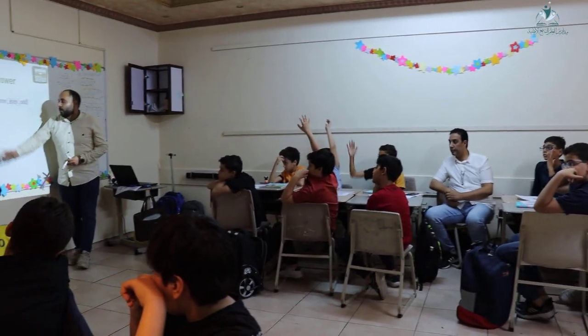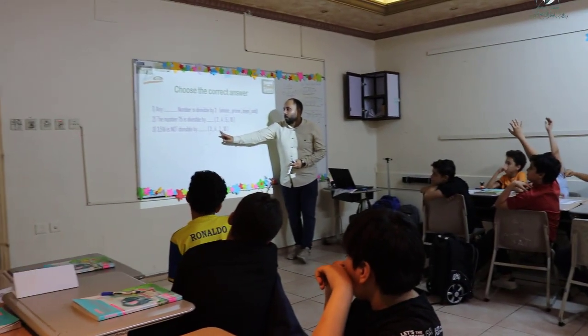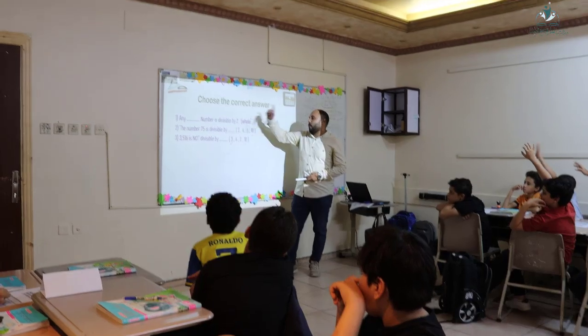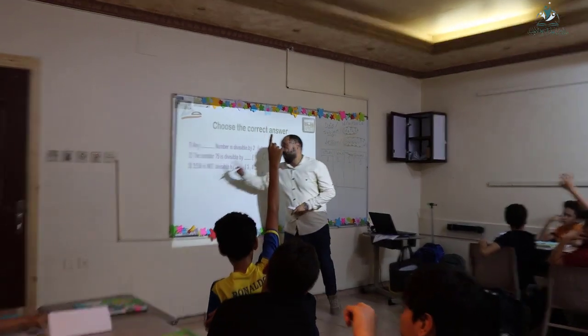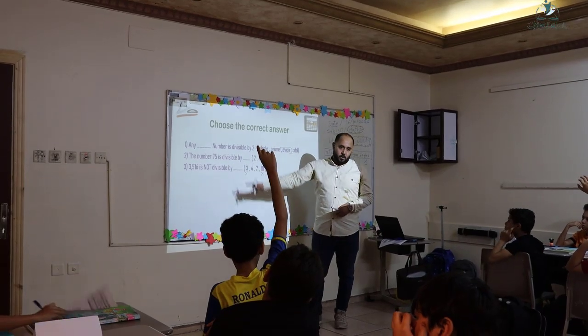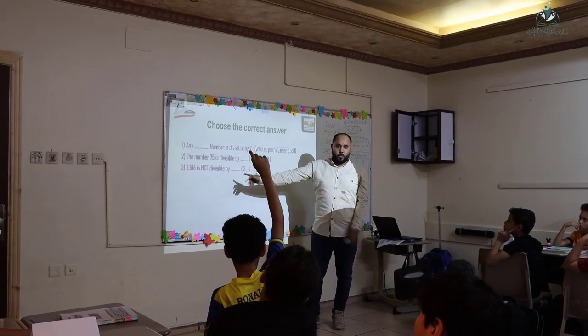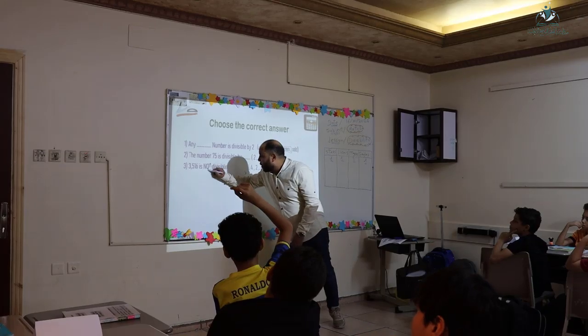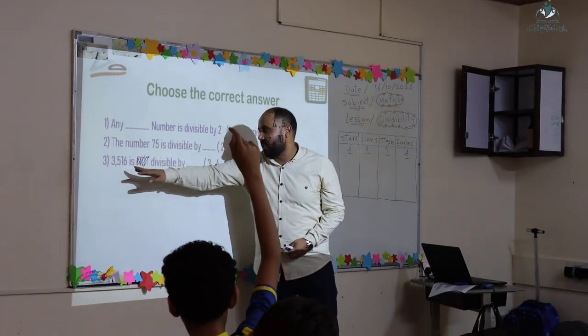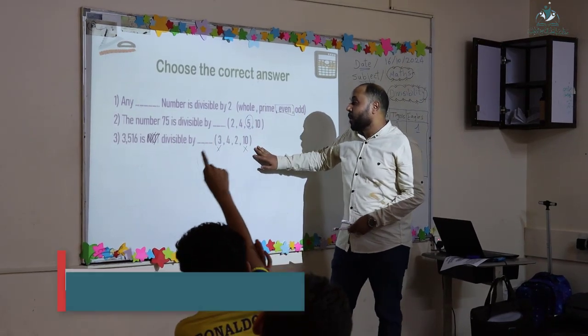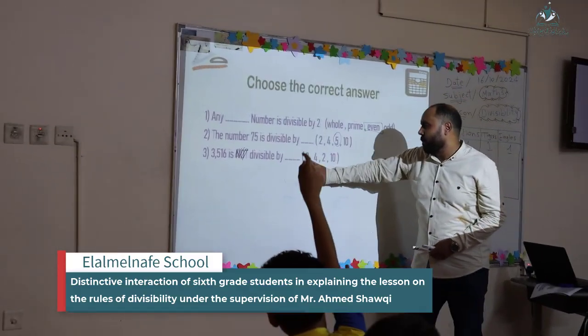Here, this number is not divisible by... There is a mistake in this question. Here we remove this word. 3,516 is not divisible by which number?